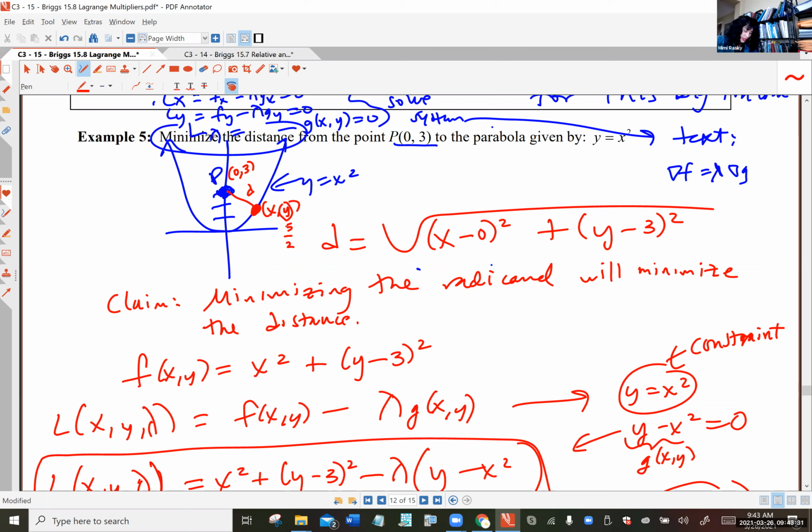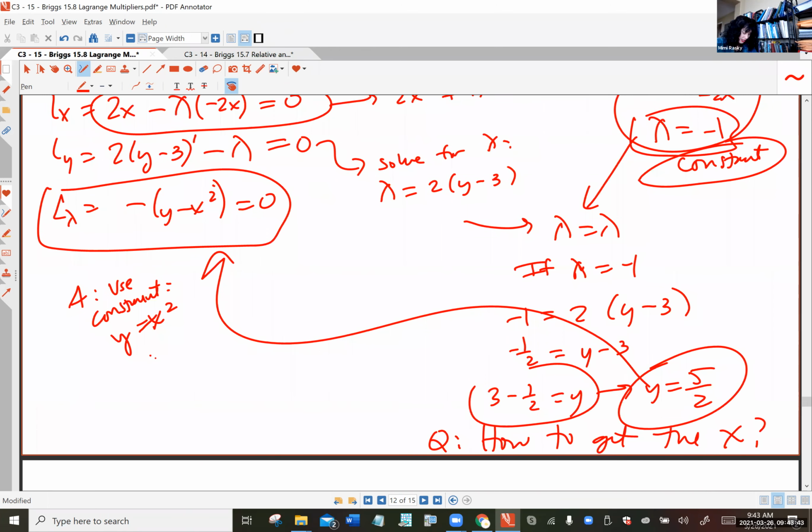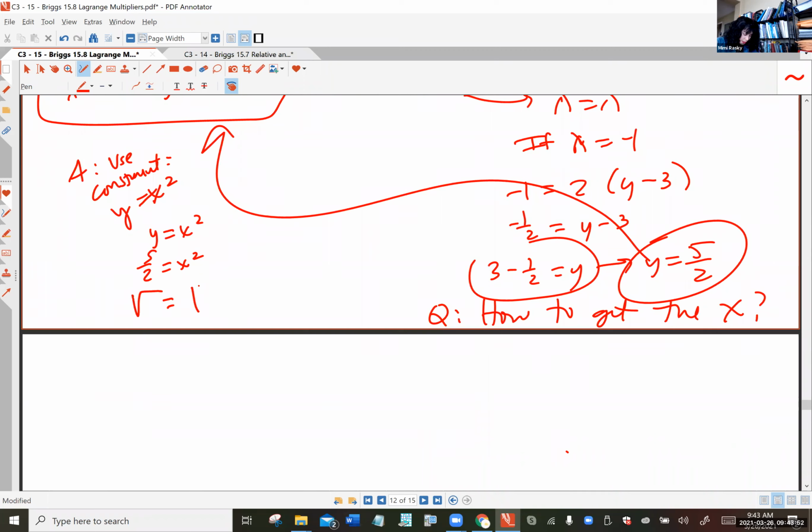So what's the x coordinate going to be, knowing that you have to be living on this parabola? So if you plug y into the parabola equation, essentially, which is your constraint, y equals x squared, you're basically saying 5/2 is equal to x squared. So get the x. Well, you know you're going to square root both sides, but you better not forget your plus or minus. Well, does that mean there's going to be two answers? Yes, you're going to see that in a moment.